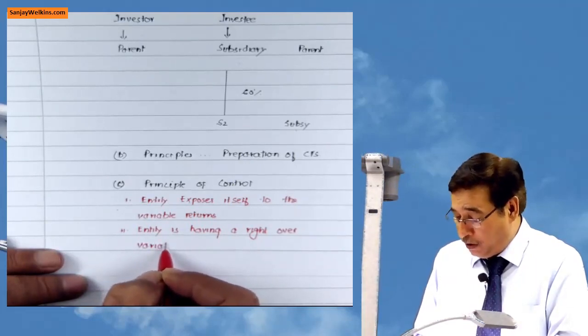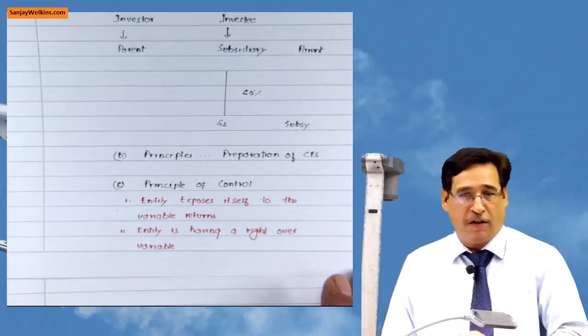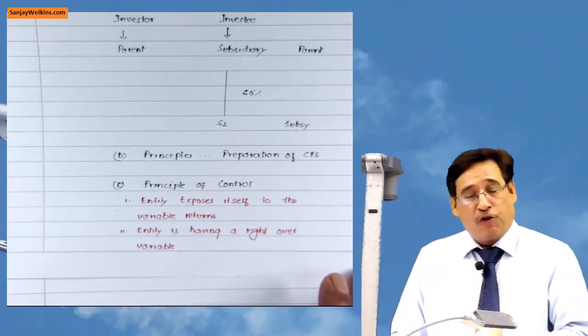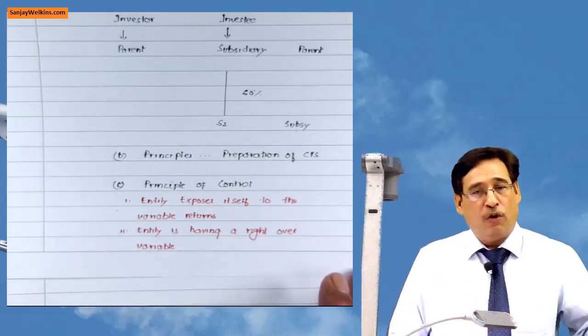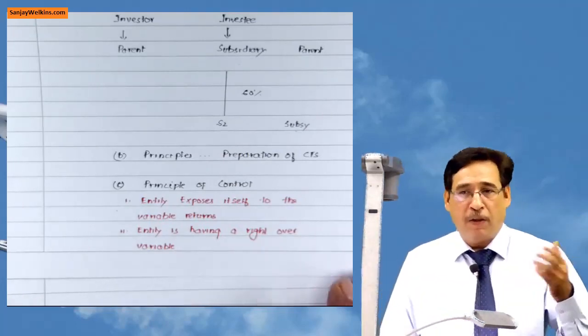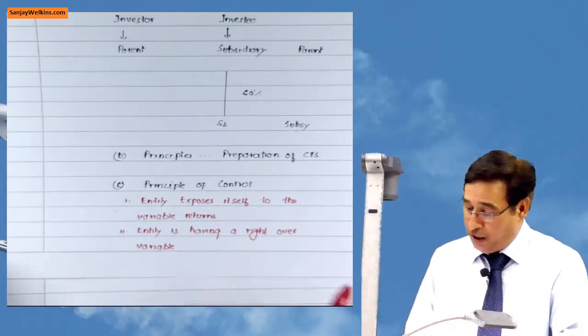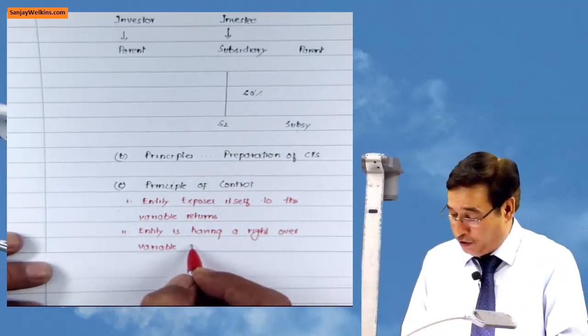All in all, it means whatever returns are there, you will definitely have a share in it. If the share is lower, we may say you are exposing yourself to that. If your share is higher, it may be said that you are having a right in it. Is it clear to you? The entity is having a right over variable returns.